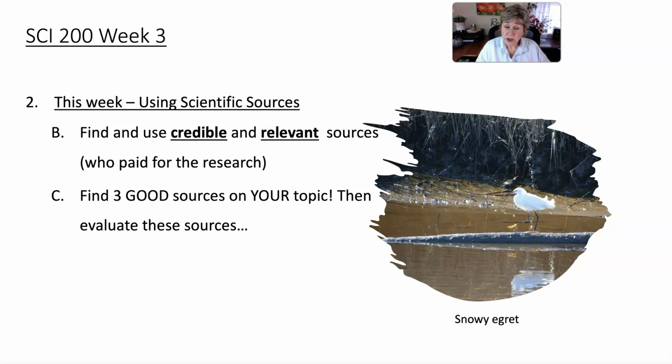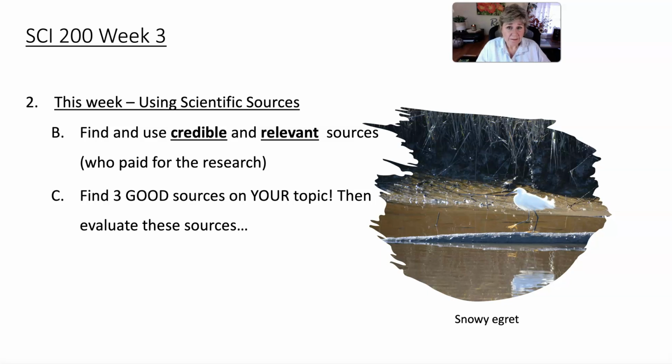All right, so you're going to find at least 3 good sources. Now, let me say this. You're going to analyze 3 sources this week. You don't have to use just 3 sources for your topic that you're researching. Just realize that. No one on this planet who is a scientist would use 3 sources. But that's the minimum that you have to find. And 3 good sources, not just anything.